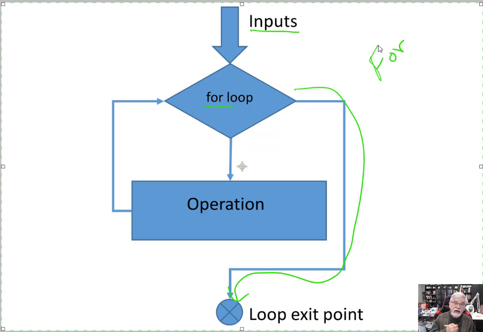If you've not followed the loop the sufficient number of times, you're going to go down here and do some type of an operation, and it can vary drastically what that operation is. And then it's going to go back and do a comparison again and say, have you reached the maximum number of times through the loop? If you have, then you exit the loop.